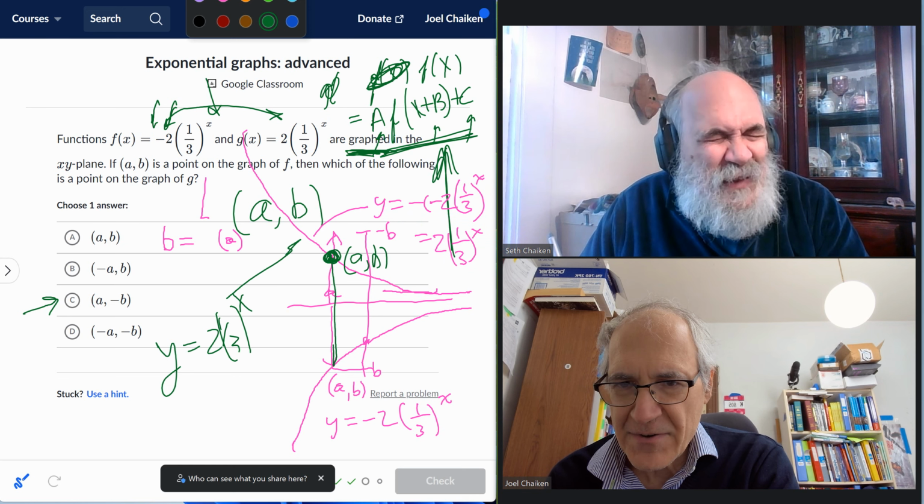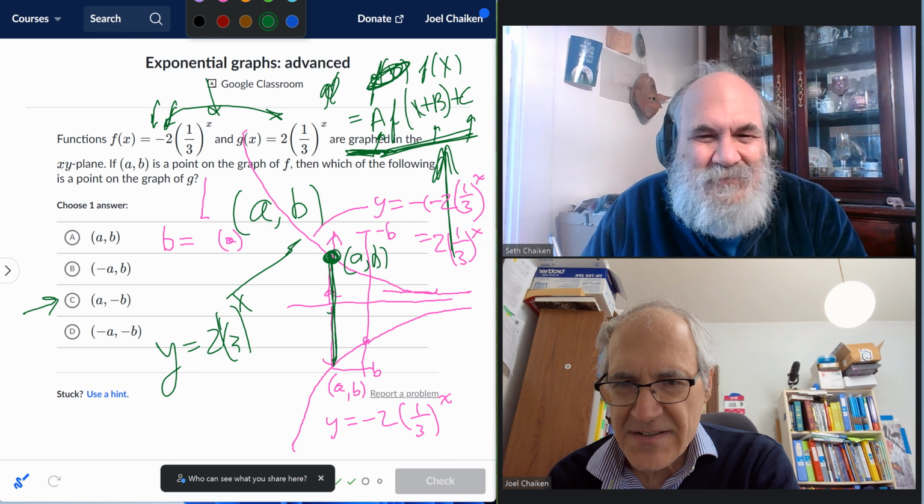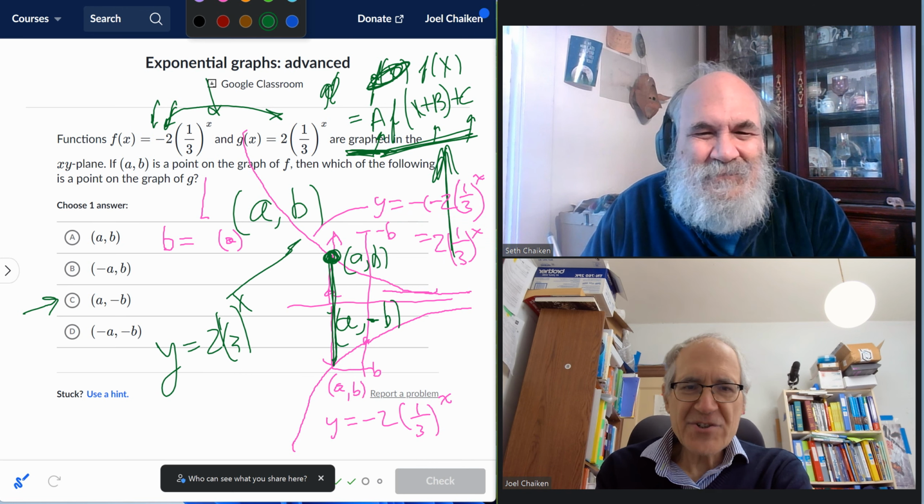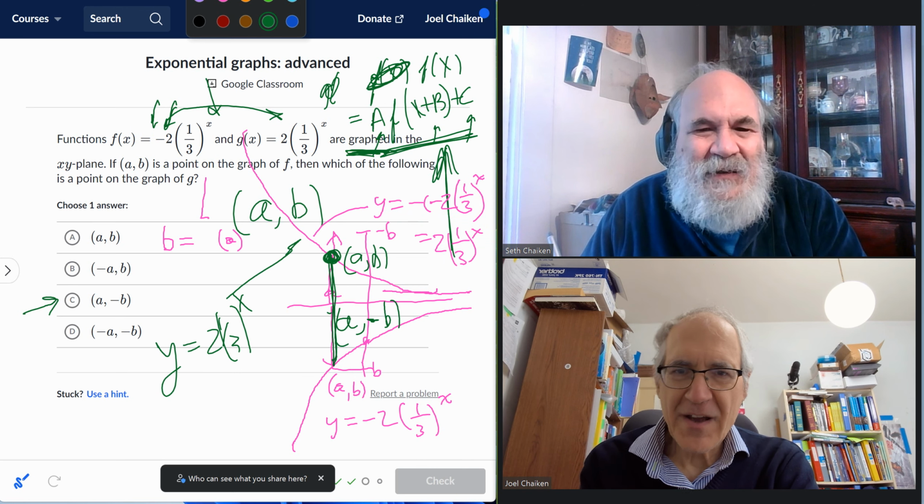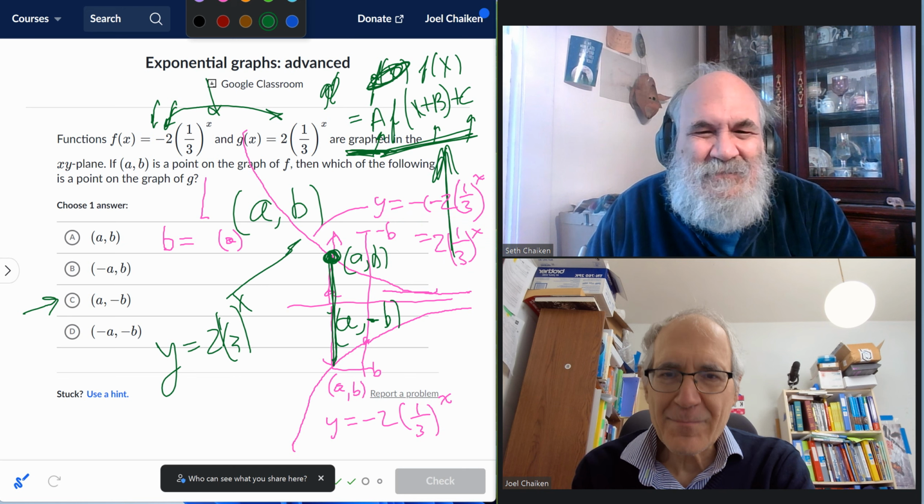Well, you go down here. The A stays the same, and the B gets negated. I mean, this is the graphical approach to this. We should also have done this. This is not a bad way of doing it.